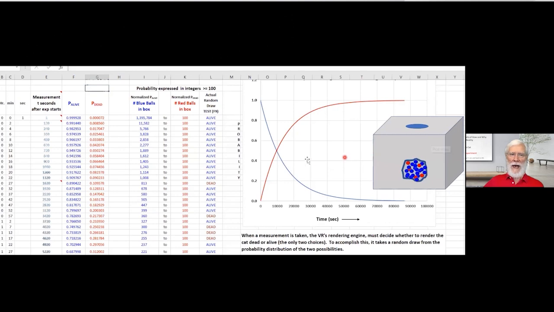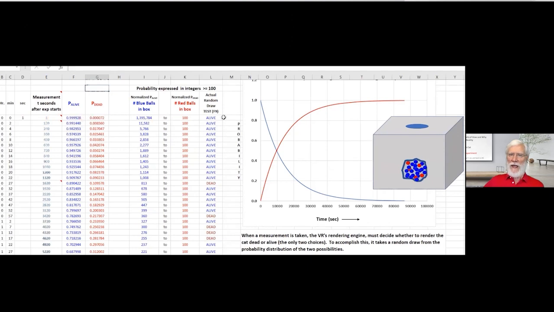What we have done here is a spreadsheet where every one of these rows going across here from left to right represents an experiment. We put a cat in a box and did an experiment. We started the experiment at t = 0, and at t = 1 second, we did a measurement to see whether the cat was dead or alive.